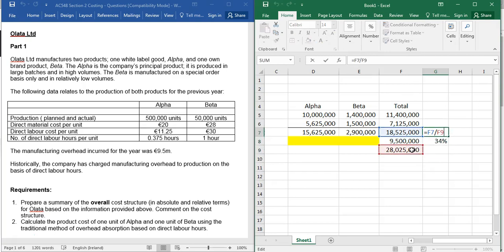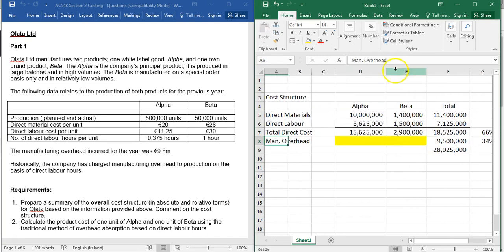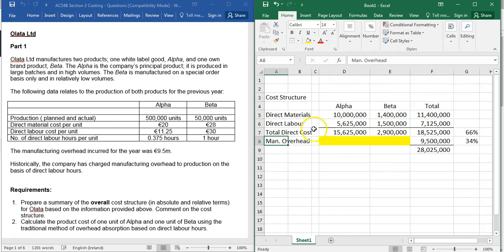So you put 18 over 28 to get the percentage of direct costs, which is 66. And then 9.5 over 28 to get the percentage indirect costs, which is 34. So again, all we're trying to do there is set the scene in terms of what type of cost structure is in this business. And the comment is going to be very straightforward to say that 1/3 of this cost structure is actually indirect costs.